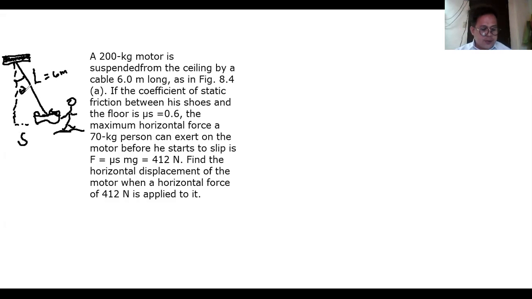So first, we have to get the tension in X and Y. Let's first draw the free body diagram. So this is the free body diagram.